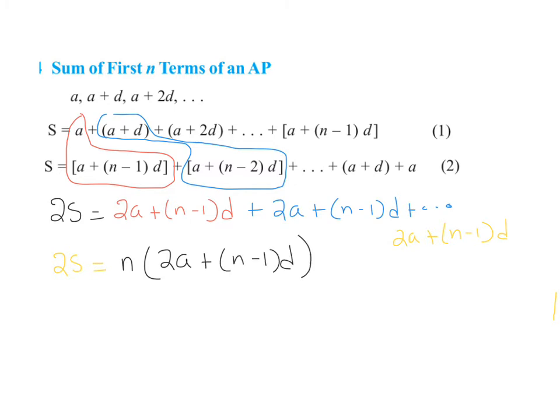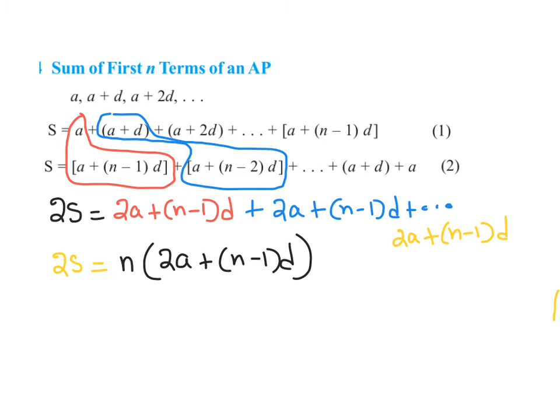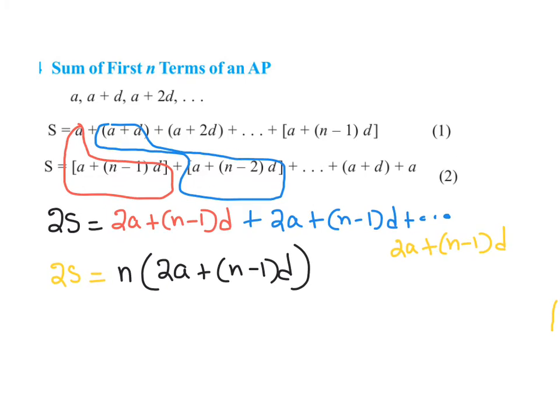This is what I get. Therefore, S will be n over 2 times 2a plus n minus 1 times d.